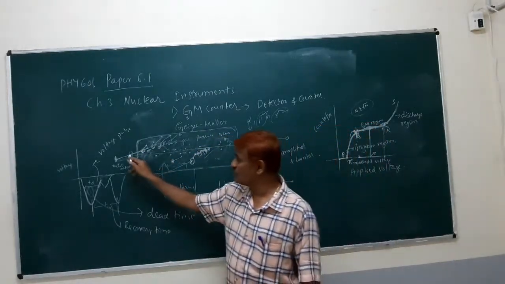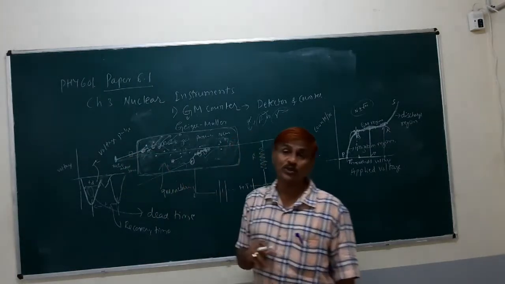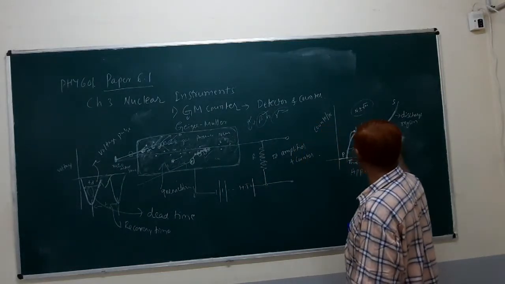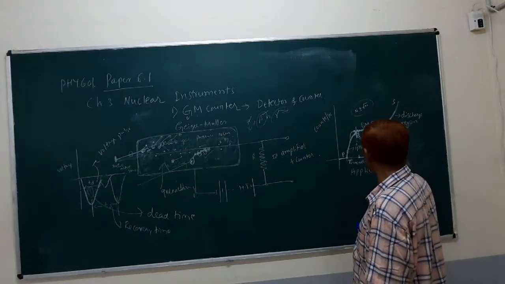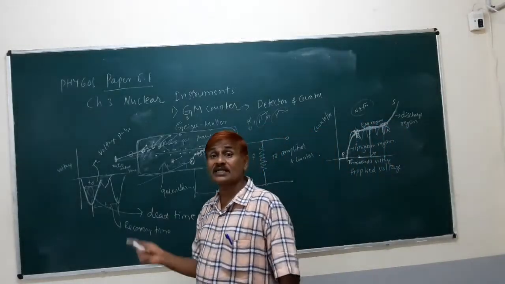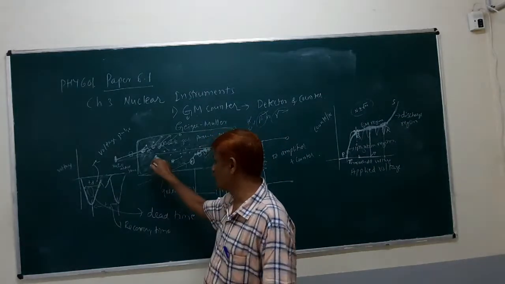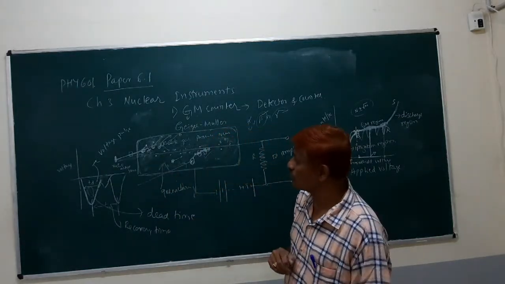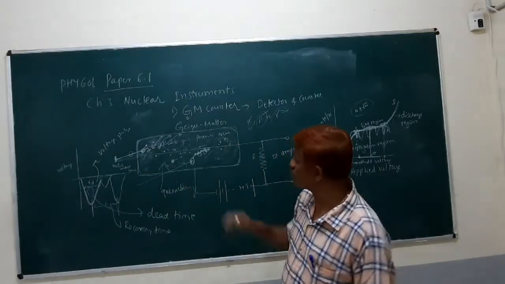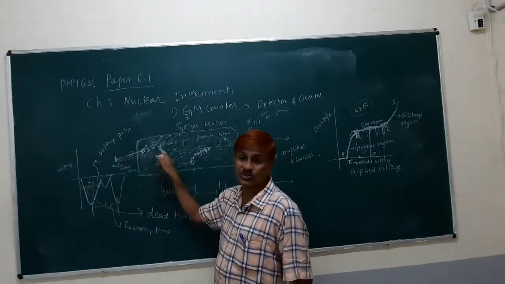With what energy the alpha, beta, or gamma rays enter the tube is not known, because all pulses are of the same height in the GM region. So the pulse height does not depend on the energy of the radiation. For that reason, it is not suitable to know the energy of the radiation, but it is suitable to count the number of radiations coming out of the source.